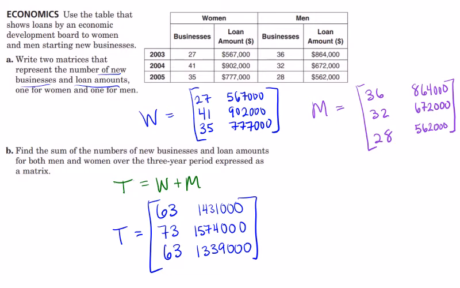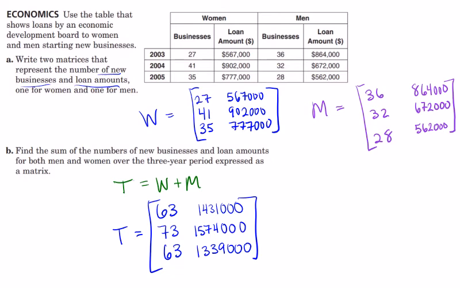So that's just one example of how you would use matrices to organize information. But you can see with any kind of information, whether it be statistics for sports, or medical data, pharmaceutical data, scientific data, or polling data for political polls, this could go a lot of different ways.